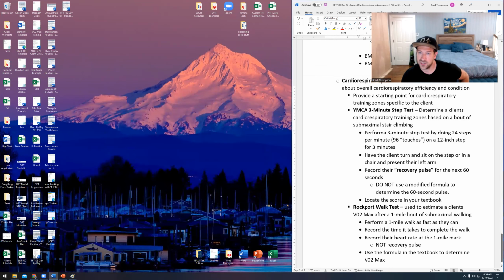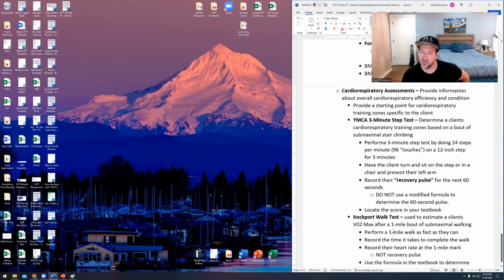If you see these questions on your homework, you will need to know the Rockport walk test is used, by definition, to estimate a client's VO2 max after a 1 mile bout of submaximal walking, or the YMCA step test determines a client's cardiorespiratory training zones based on submaximal stair climbing.